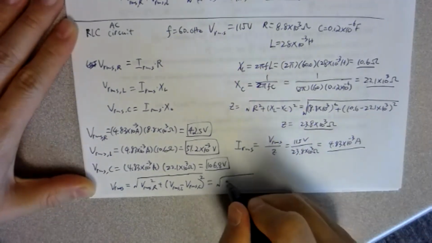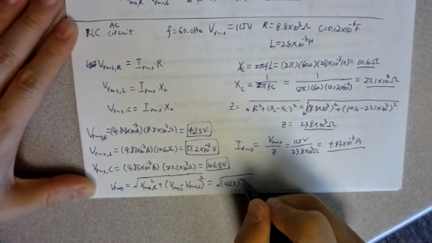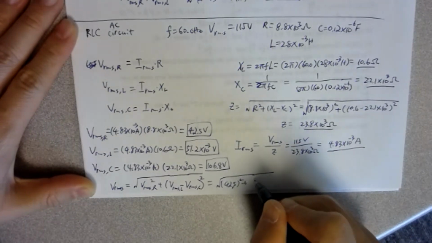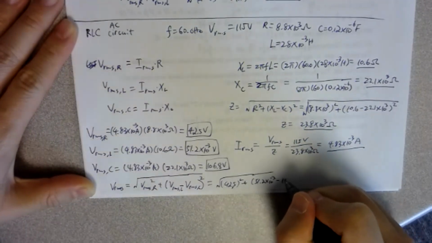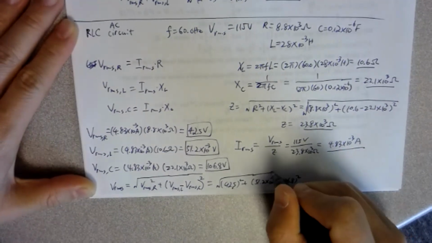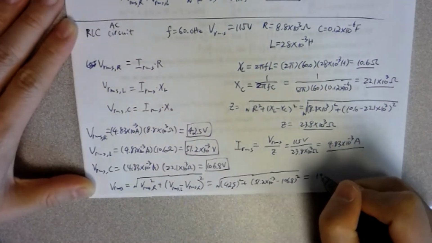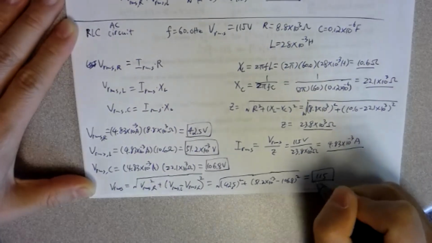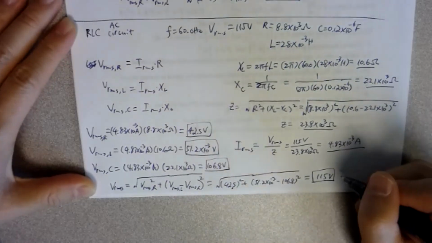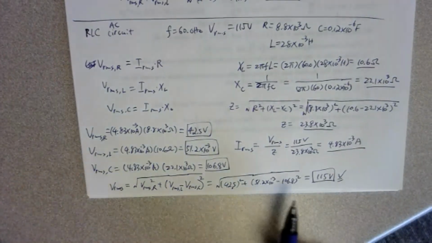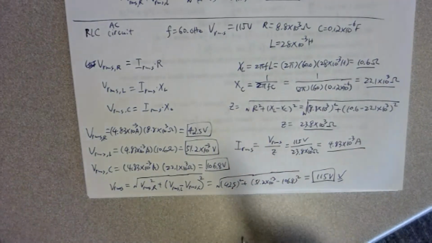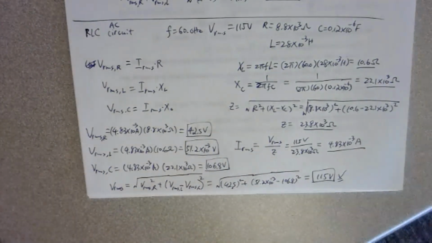So square root of 42.5 squared plus (51.2 times 10 to the minus 3 minus 106.8) squared. And this will turn out to be exactly 115 volts. So it's always worthwhile to check at the end if your total RMS voltage matches what you have, 115.